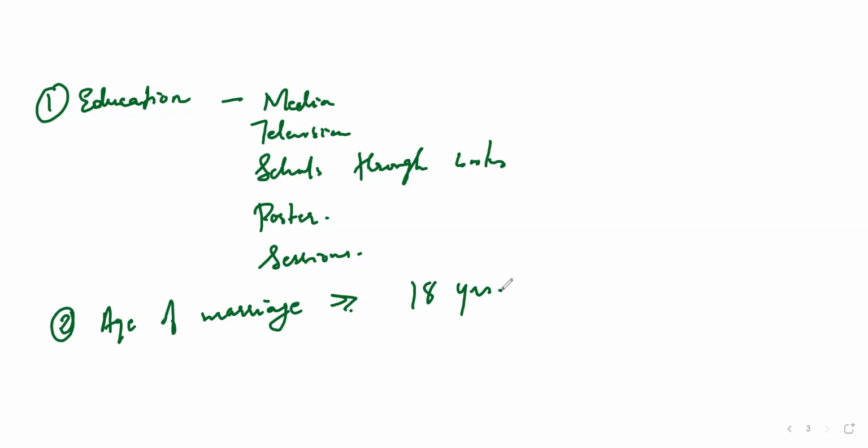The overpopulation. Other methods which are popularly used nowadays to control the population, that is population control. Here the population can be controlled by a method called contraception.